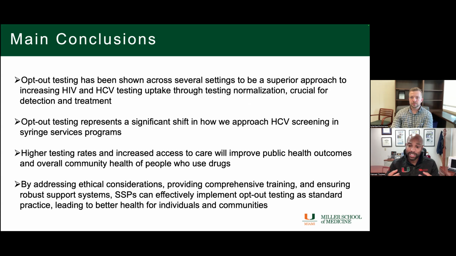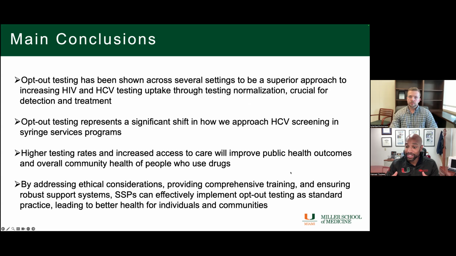You also have to make sure that it's non-coercive. That's what I was most worried about when we implemented testing. People have to have the ultimate right to say no. They have to maintain their autonomy, and they need to be able to know that they can, in fact, opt out of testing. You have to determine the appropriate frequency of testing for your community based on what the epidemiologic profile looks like, based on people's past test results, and make sure that the testing that you're offering is truly appropriate.